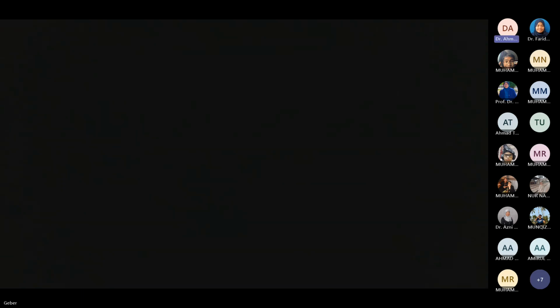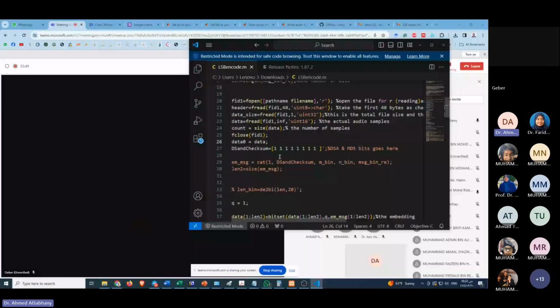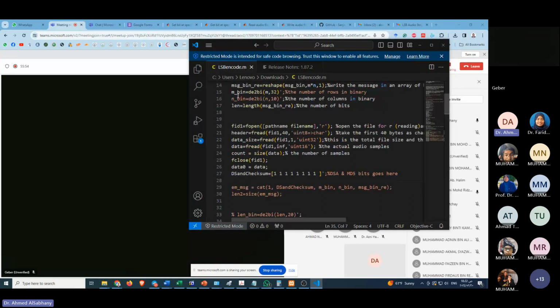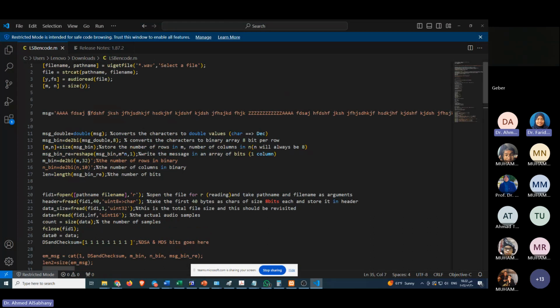Okay, so this is the least significant bit encoding method, and I will talk you through it very quickly. Over here, this section is just to read and select the file using the user interface. Just browse the file and select it.